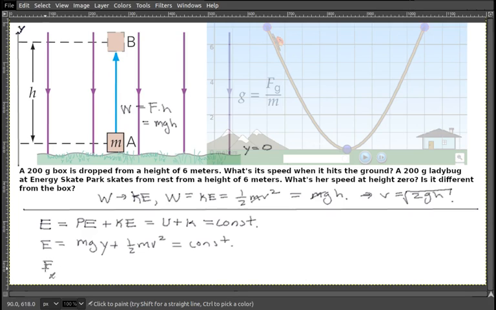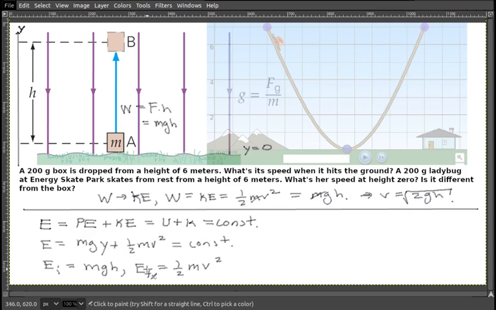So initially, at the top, what's the energy? I'll call it E sub i. Initially, it's just mgh. And finally, at the bottom, where y is equal to 0, it's all equal to 1/2 mv squared. At any place along the journey, the total constant energy is equal to mgy plus 1/2 mv squared.